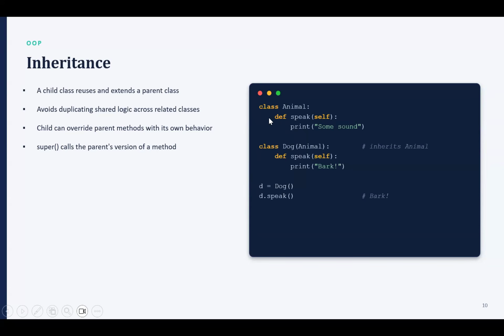One class I have defined as Animal, and def speak. Again, a function got created and the function is printing some sound. Another class got created, which is Dog, and that Dog is inheriting Animal. Def speak self, and then I'm printing bark. So with this one, see, d is the object of which class?